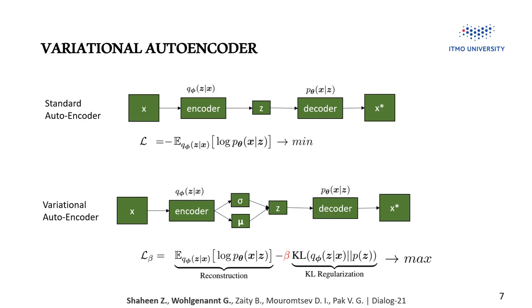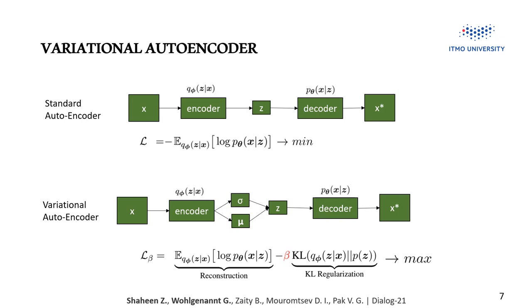The objective of variational autoencoder is to maximize the lower bound, which consists of two terms. The first term is the reconstruction loss, and the second term is the KL divergence between the probability distribution of Z given X and the prior. The prior is usually selected as a standard Gaussian.